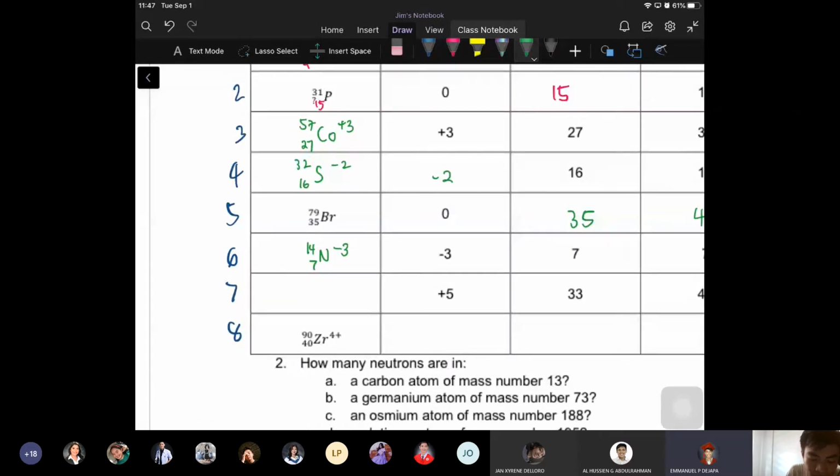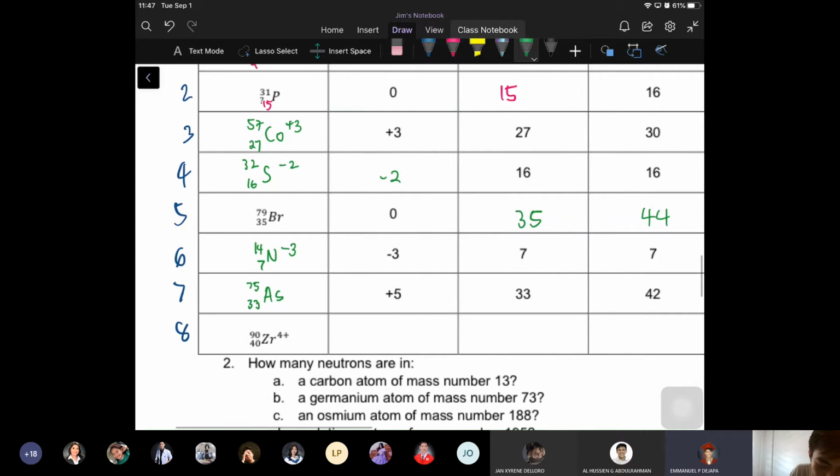Atomic symbol is arsenic, As. Bottom left, 30. Top left, 75. And top right, positive 5. Okay, thank you.